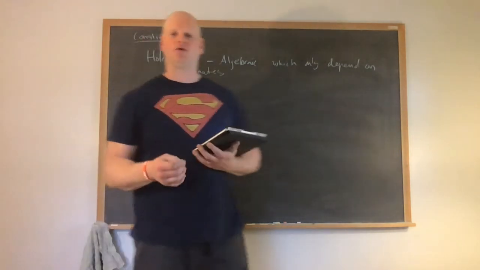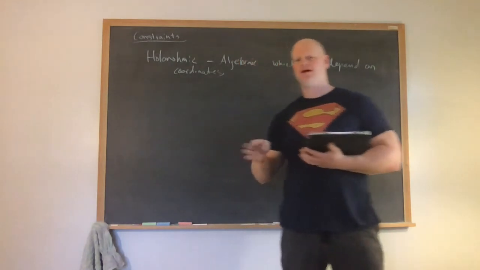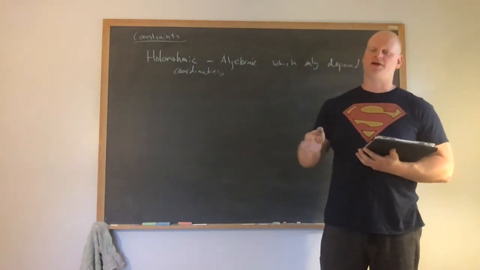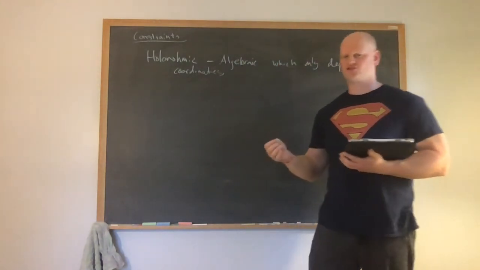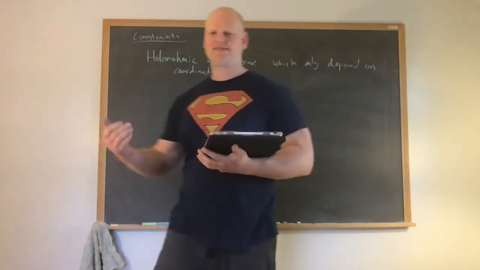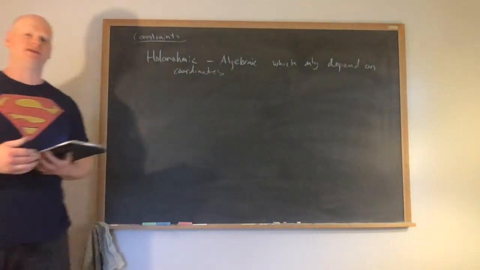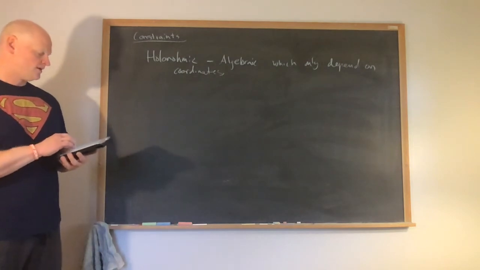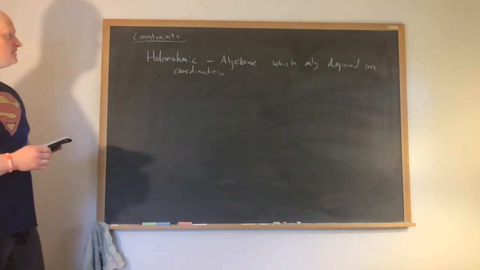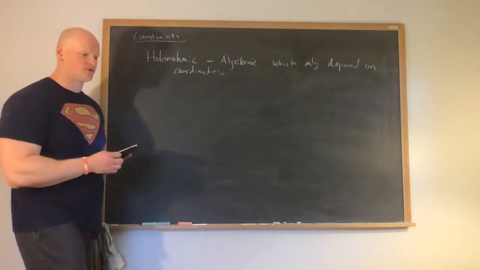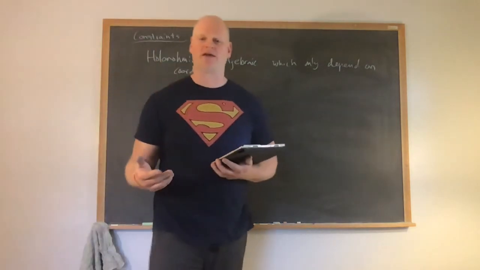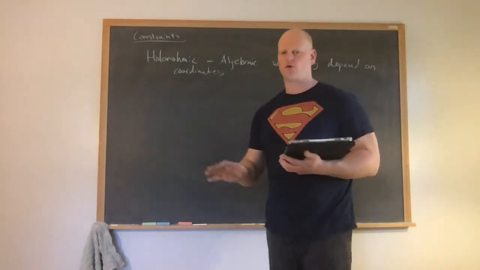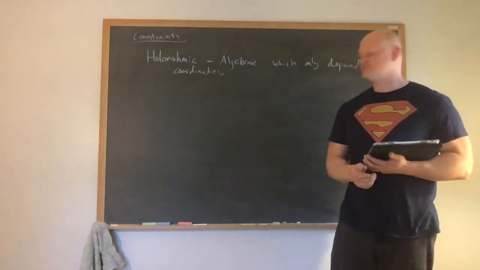So if we chose our 1 degree of freedom defined in terms of the angle, we don't have to include the constraint explicitly. It's already in there because of the generalized coordinate we're using. So holonomic constraints are most easily dealt with in generalized coordinates from the get-go.